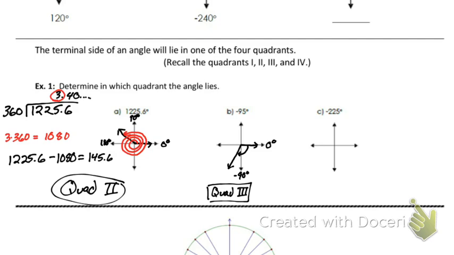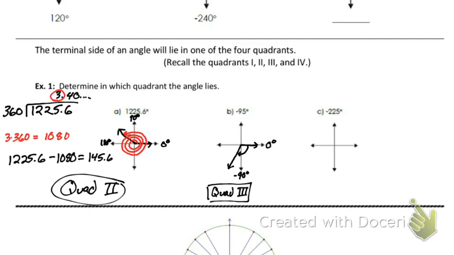Is it 265? I think it is. Yeah. All right, 265. Guess where 265 is? In the exact same place. So if you add 360 to it and you get between 0 and 360, you get to the exact same place.